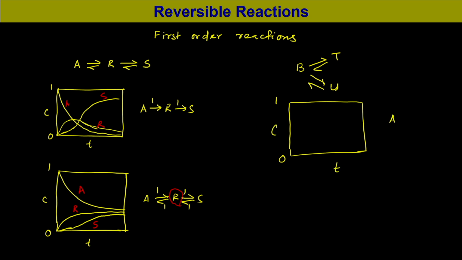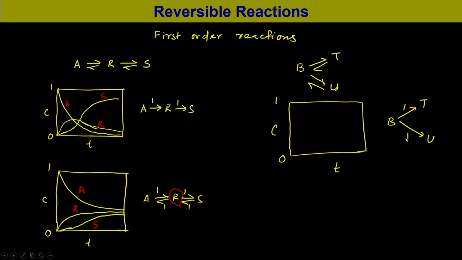For A to R, and for B to T and U. So, this is 1 and this is 1.